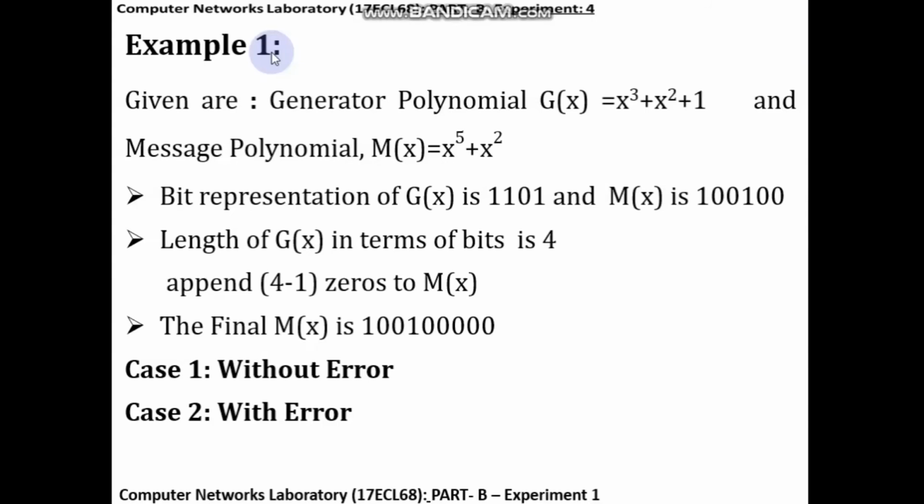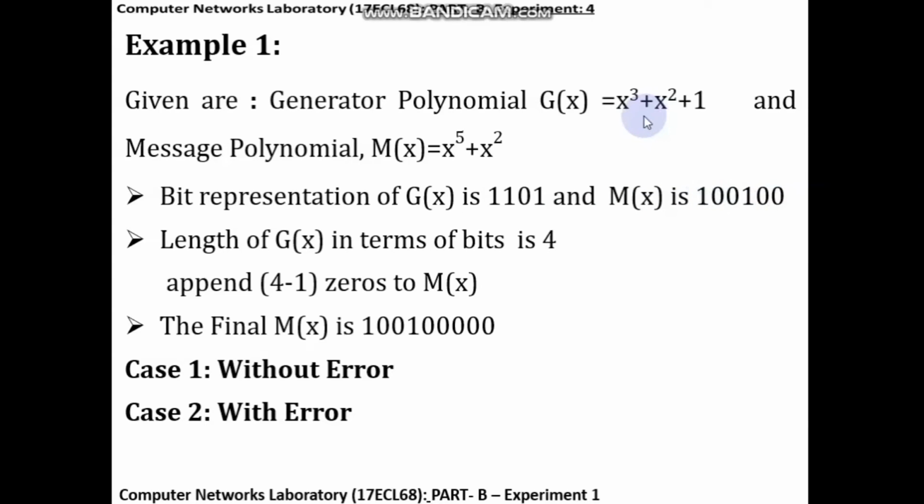To explain the whole process of CRC, let us have a look at this example. Example 1: the generator polynomial given is x cube plus x square plus 1, and the message polynomial m(x) is x raised to 5 plus x raised to 2. The bit representation of g(x) is 1101 and m(x) is 100100.